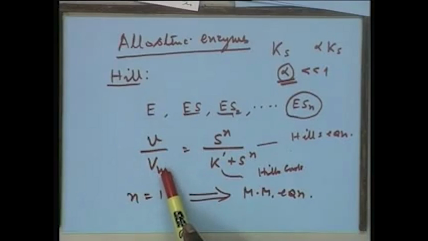But again this is not identical to the Vm of the Michaelis-Menten equation, because in the Michaelis-Menten equation, our Vm is an asymptotic value. You can never approach it practically. It is a theoretical value. Whereas in this case, you can approach that value when all the enzyme binding sites are totally occupied by the substrate.